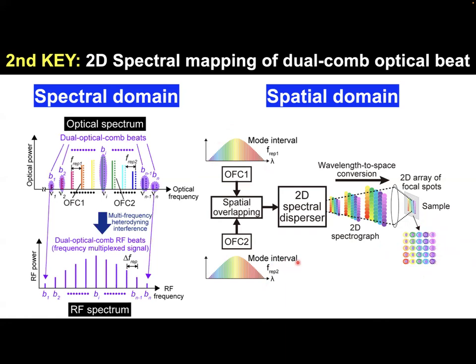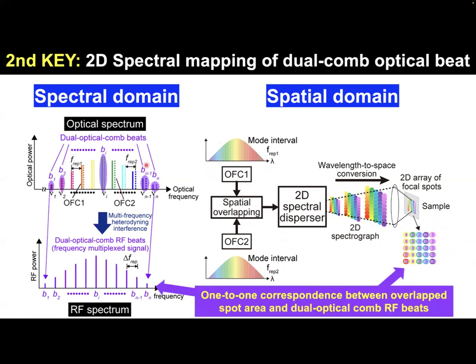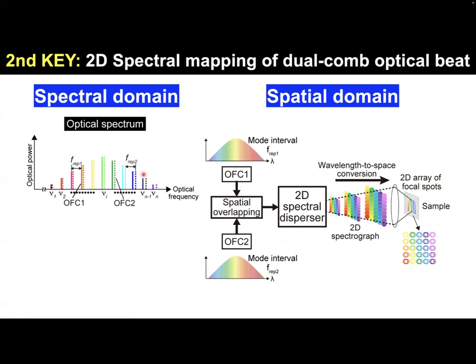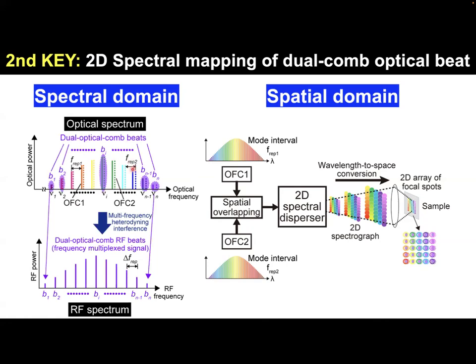And the optical frequencies of OFC1 and OFC2 are close to each other. A group of optical beat signals is generated on the overlap area indicated by a purple color, like here.